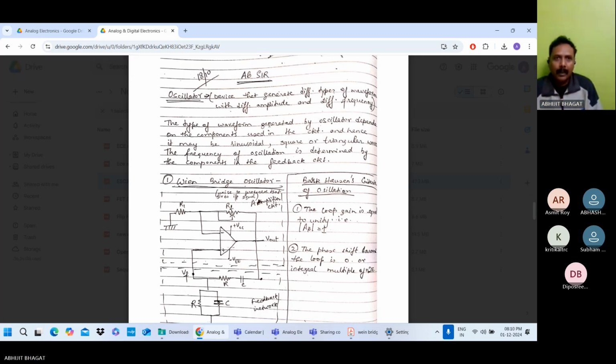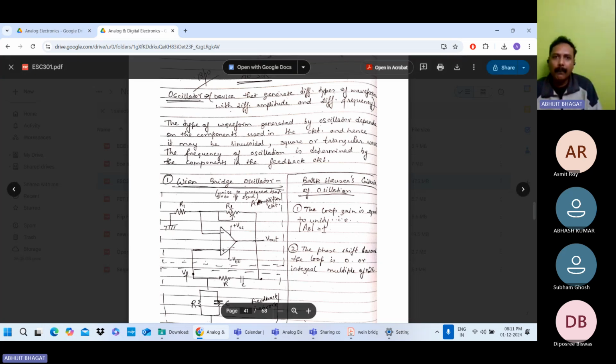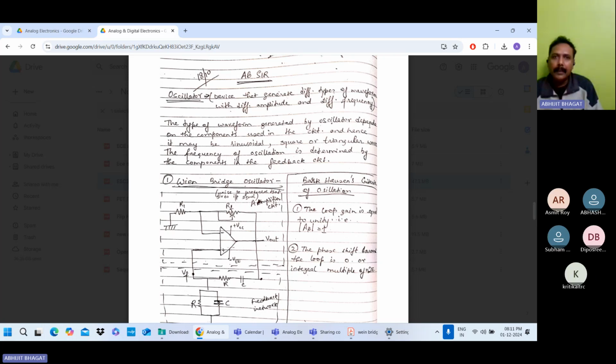Now, what type of waveform you are getting across the output side, the type of waveform generated by the oscillator depends on the components. Whatever the components are used in the oscillator, different components generate the different type of waveform. So the type of waveform generated by the oscillator depends on the component used in the circuit.